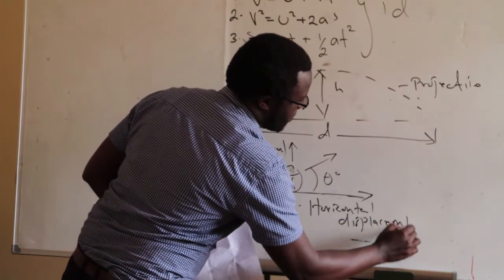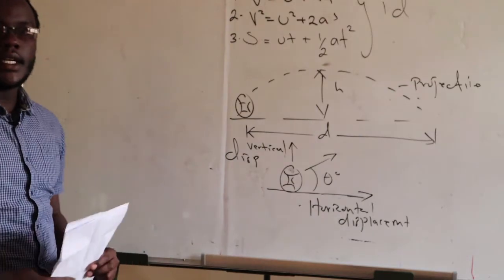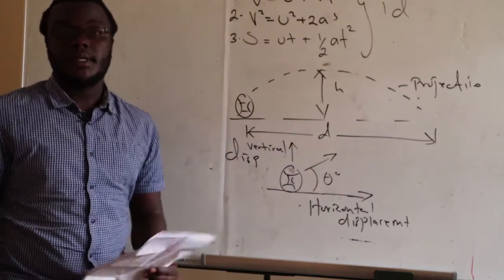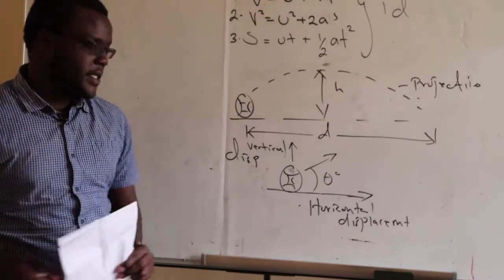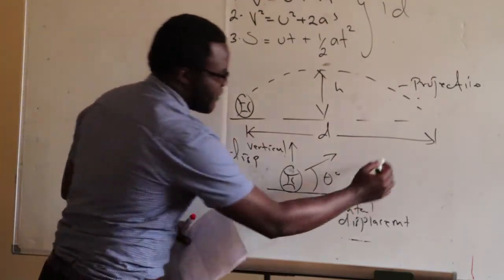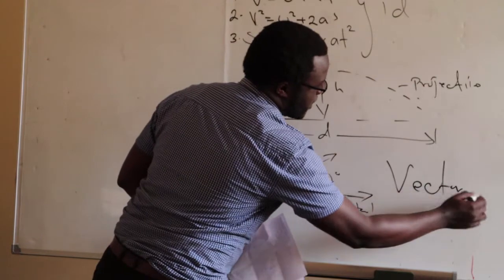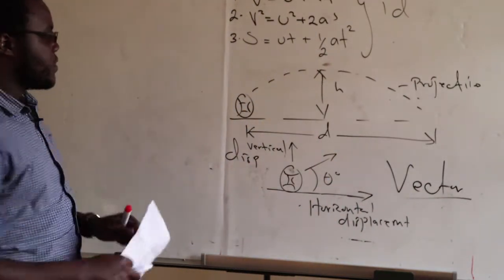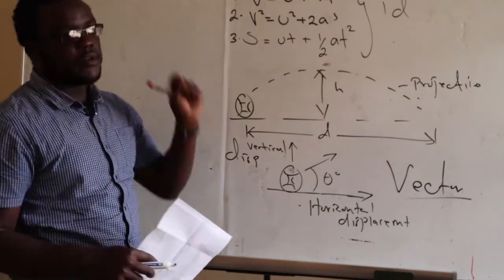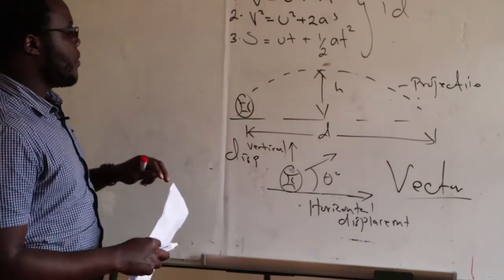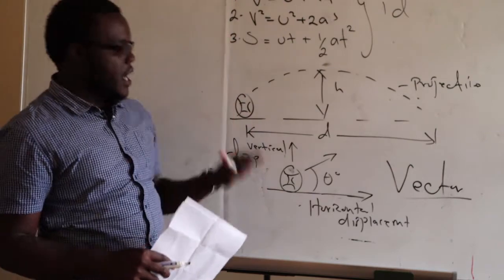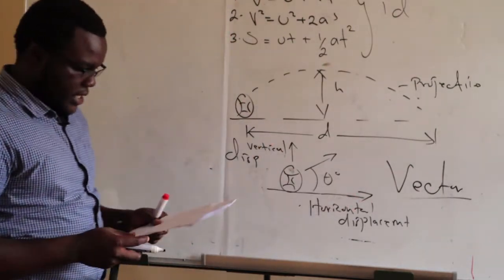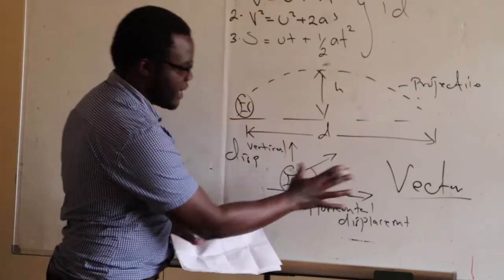Then, at the end, we sum up to get how the ball moved by looking at the vertical and horizontal displacement. But more of that is under vectors, which is also a part of physics, but not in our subject. So that's the second type of motion, motion in 2D, where the ball moves vertically and horizontally.